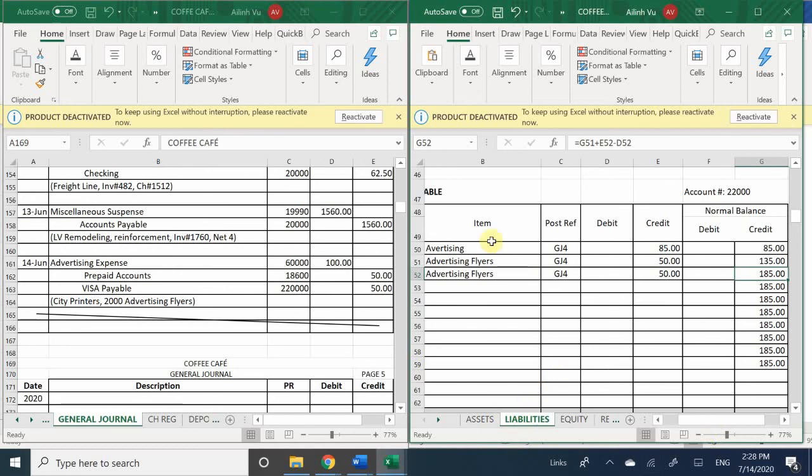Liability. Okay. And how do you increase a liability? With a credit, and we credited the account. So therefore, it didn't go down. It went up because we're owing more money, right?